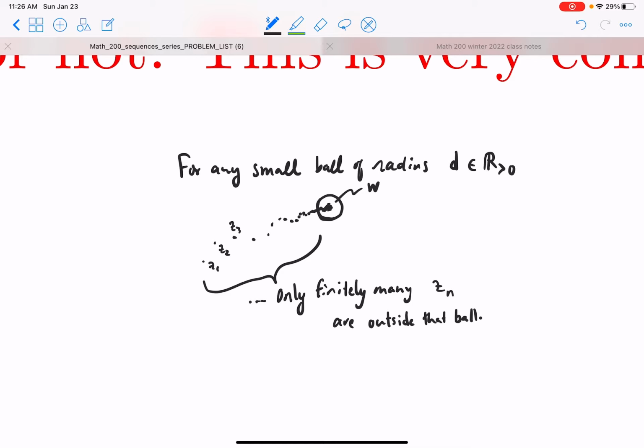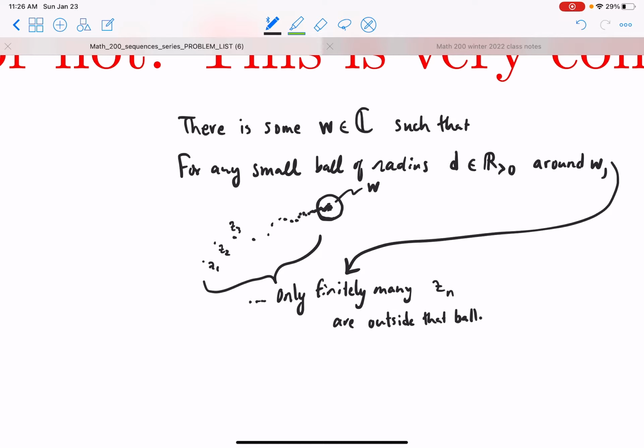And that means, really I should have put, there is some W in the complex numbers such that for any small ball of radius d centered at W, we have only finitely many Z sub n outside that ball.